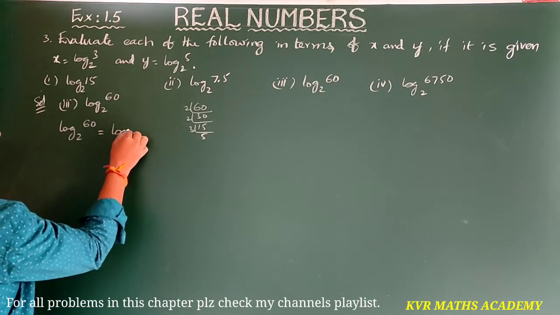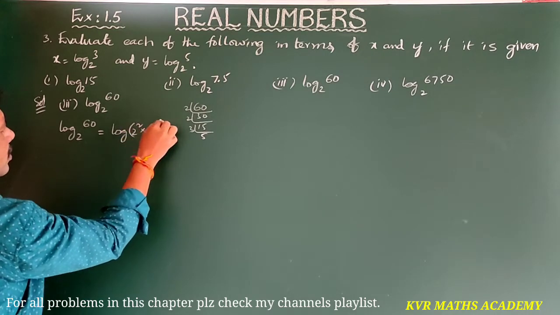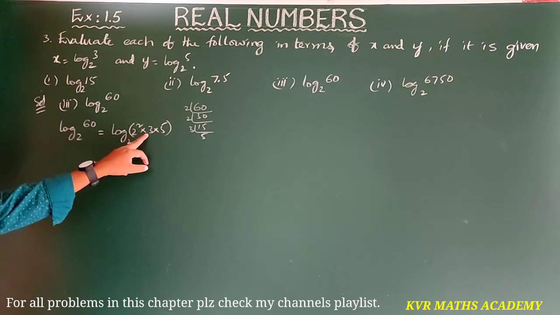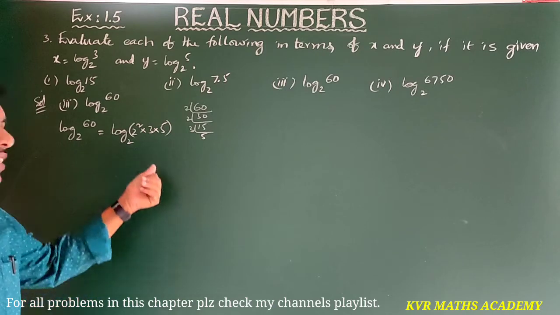So this will be log of 2 square into 3 into 5 to the base 2. 2 square is 4, 3 5s are 15, 4 15s are 60.